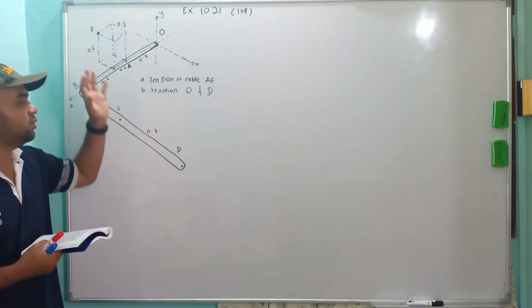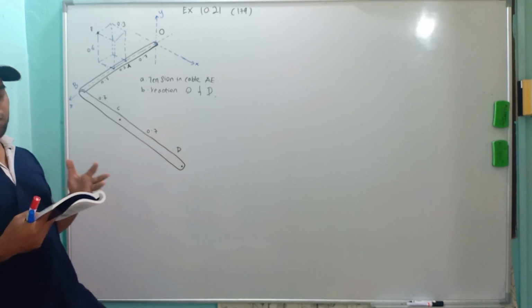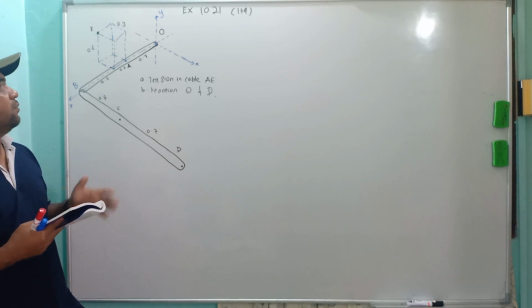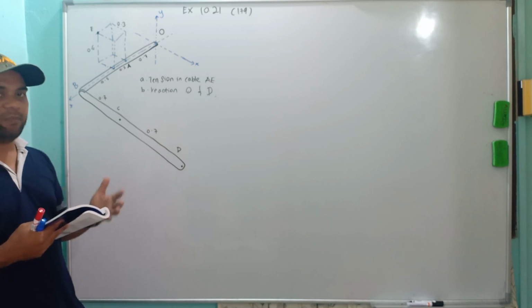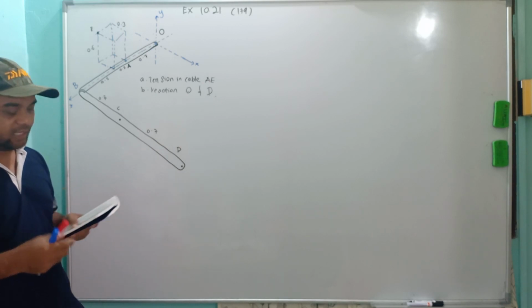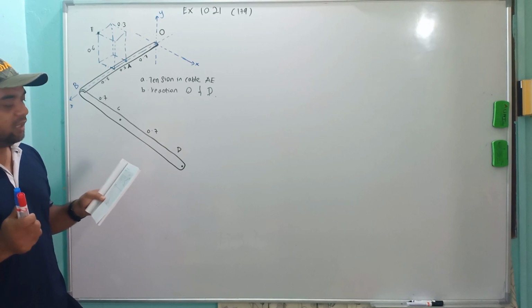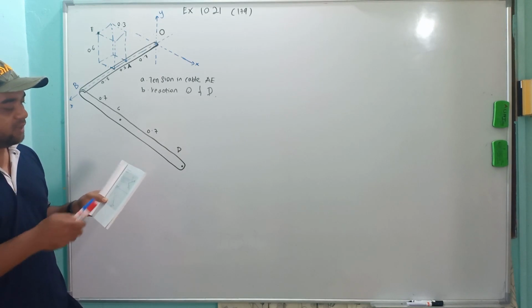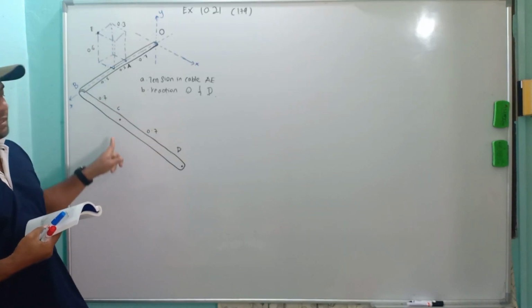If there is a mass, you have to put mg downward at the center of gravity of the component. Then we go to the external forces, including cables. In this case, we have two external forces: one held by the cable from A to E, and the other at C.